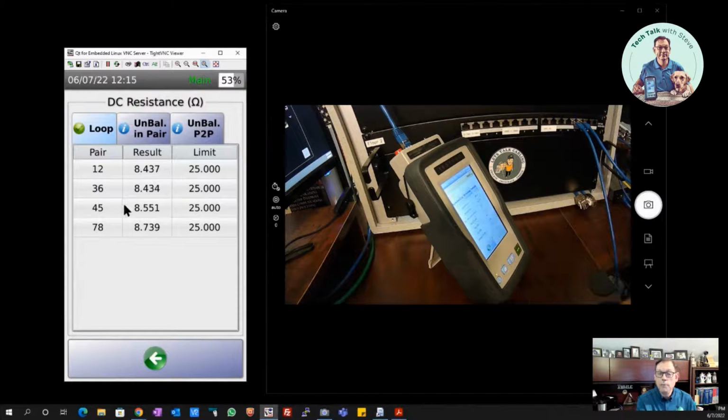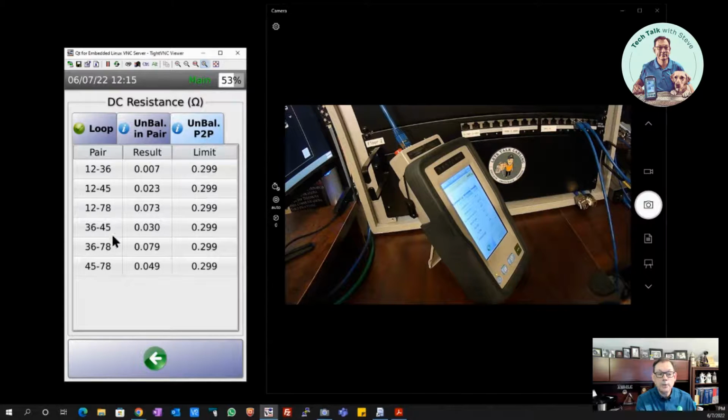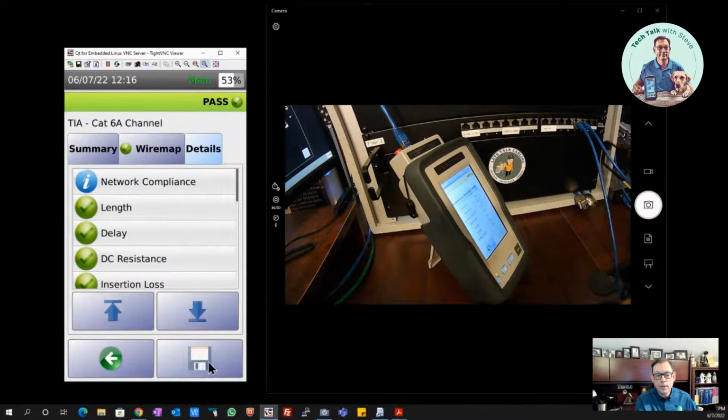That means we're just providing it for information purposes, because in this test, I did not specify to use the plus plus parameter and weight those against pass fail. So they're always there, and we can look at them. We can see the unbalance in pair, and we can see the unbalance in pair to pair weighted against the limits. So those are always going to be available to us. So I'm going to go ahead and save this test.